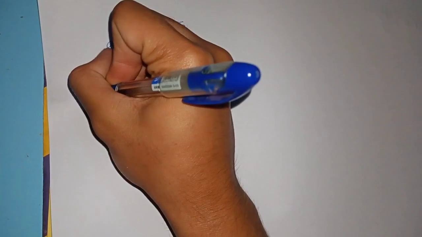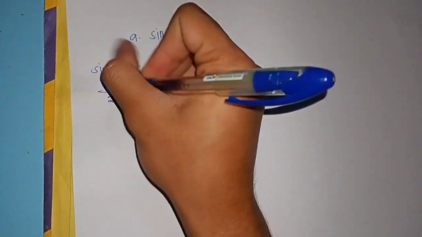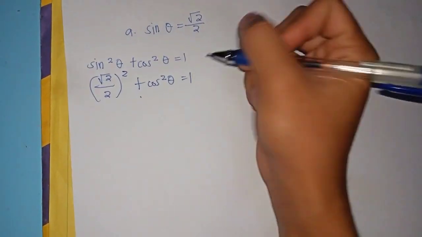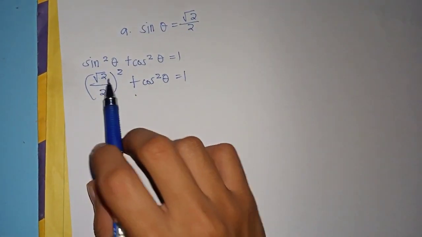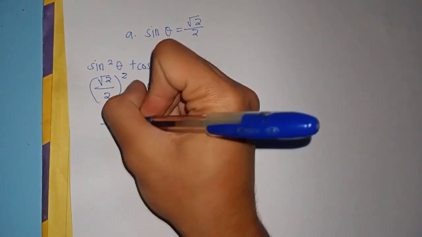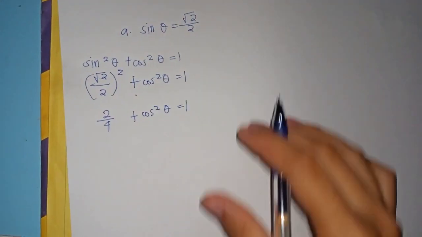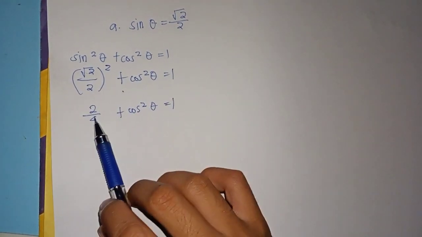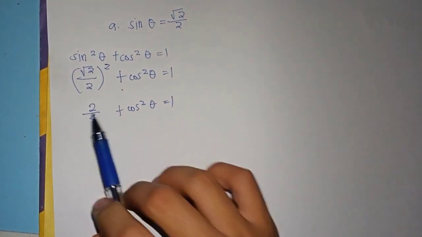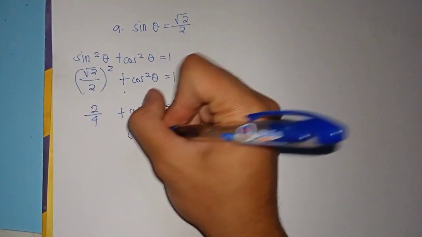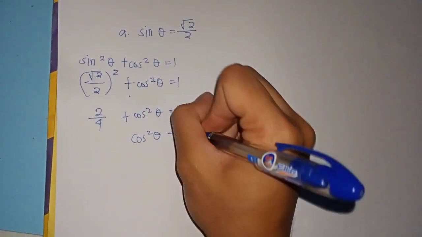We have square root of 2 over 2 squared plus cosine squared theta is equal to 1. Simplify this: we have 2 over 4 plus cosine squared theta is equal to 1. Transpose this 2 over 4 to the other side. So cosine squared theta is equal to 1 minus 2 over 4.